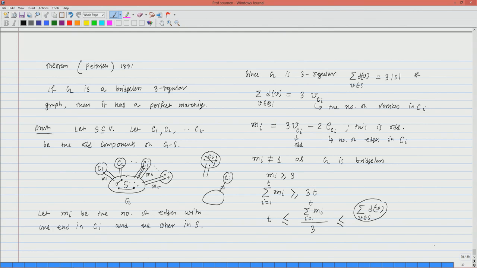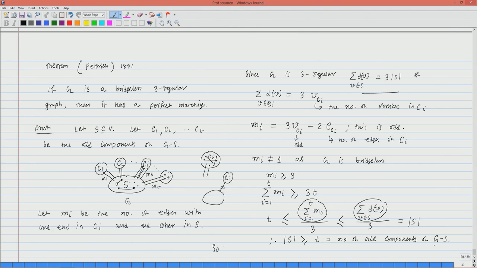So, this sum plus all these Mi's is the degree sum for S. So, this term is bigger than that term. So, the summation of d(v) for v belonging to S, divided by 3, is equal to the cardinality of S. So, what we have proved is that the cardinality of S is greater than or equal to t, where t is the number of odd components of G minus S.